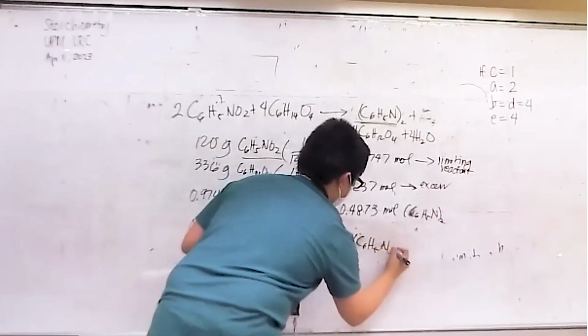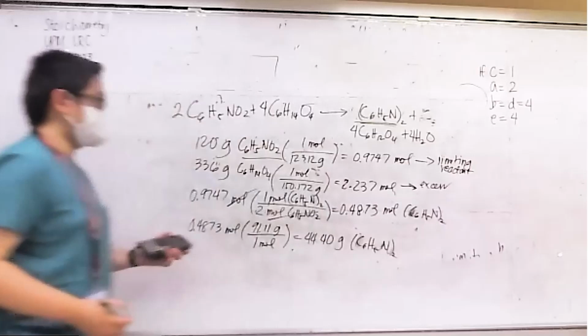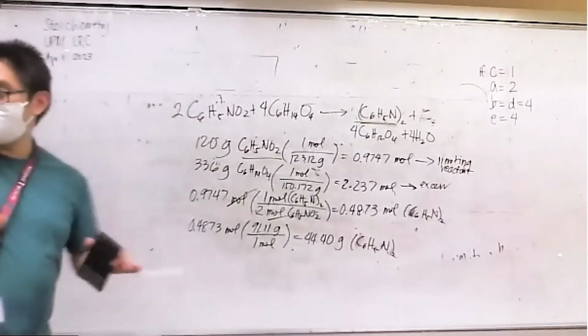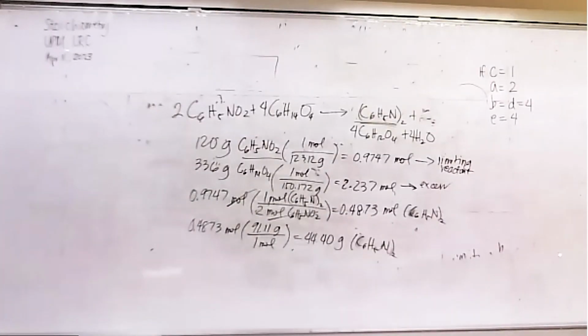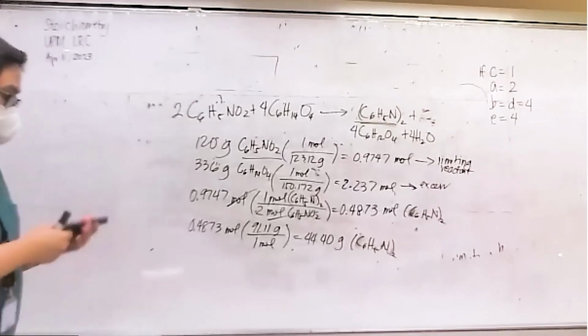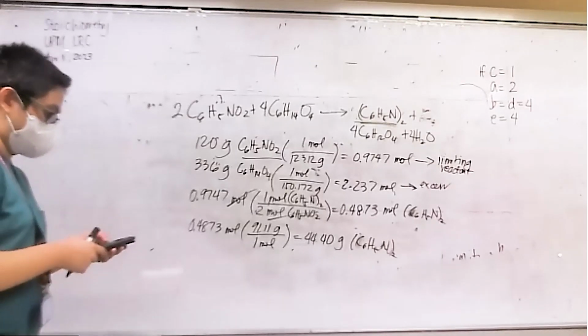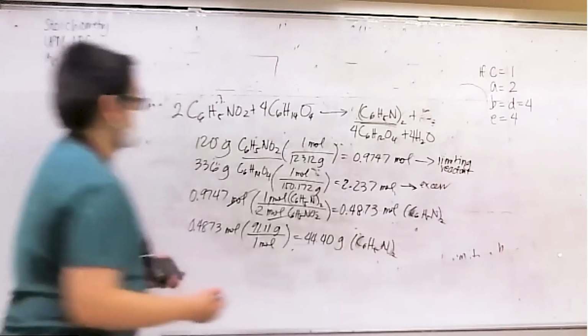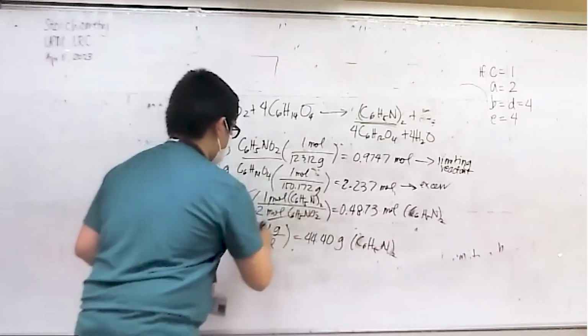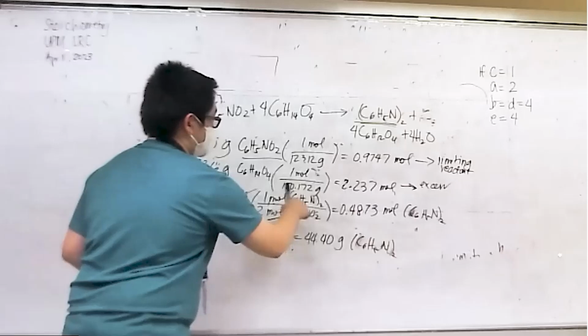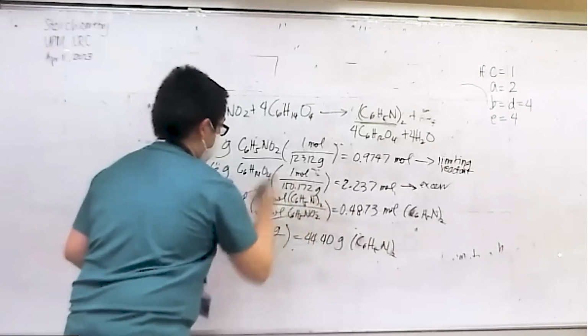C6H5N2. Check if this is also what you get. Oh, sorry, I forgot to multiply by 2. Actually, sorry. Multiply this by 2, since every single one is multiplied by 2 here.